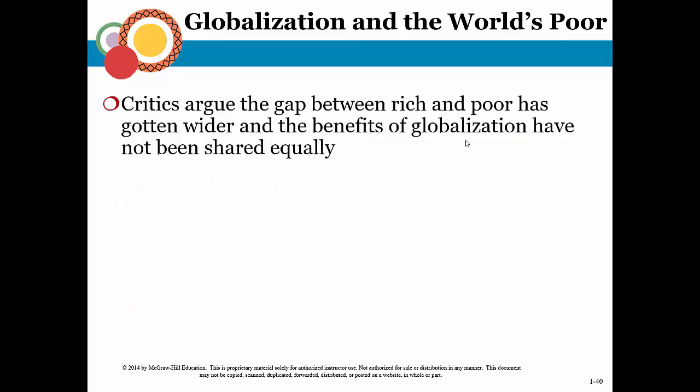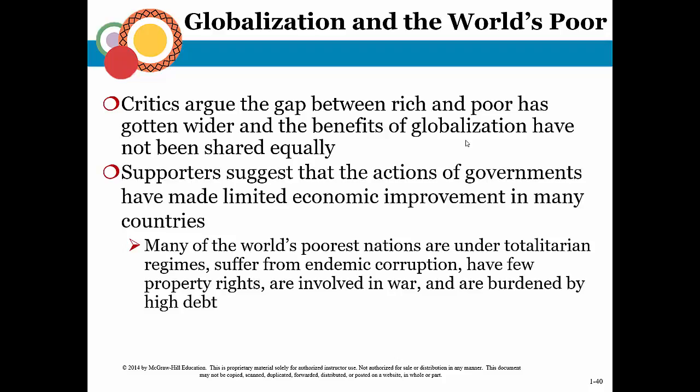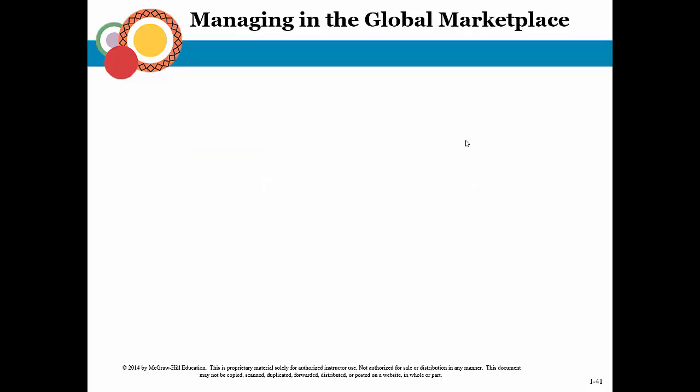Critics argue that the gap between the rich and the poor is ever growing and there is no equality. Supporters argue that the actions of governments make limited economic improvement in some countries, that many of the world's poorest nations are under totalitarian regimes, and the economy suffers as a result of this. So they try to shift the blame elsewhere.